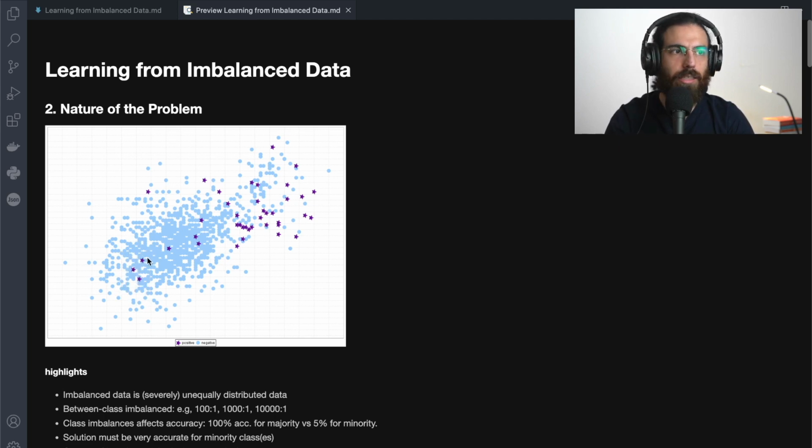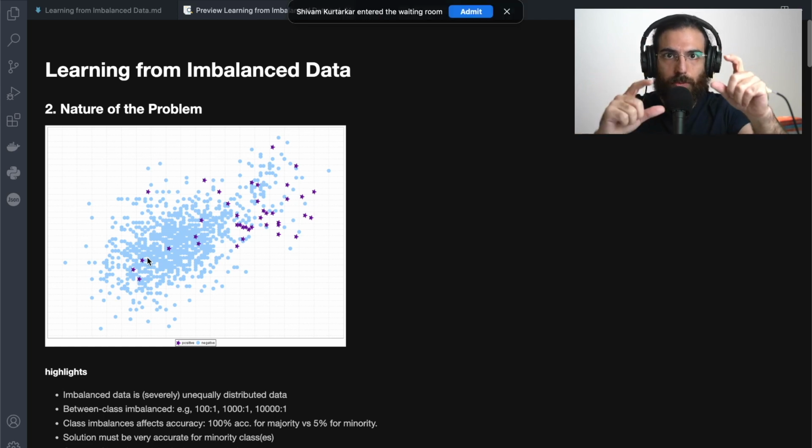The idea here is to generate multiple subsets of the majority class whose size is equivalent to the minority class. In other words, what we are going to do is produce several subsets of this data with majority 1, minority 1, majority 2, majority 3, majority 4, and all of these subsets of the majority class are equal in size to the minority class.